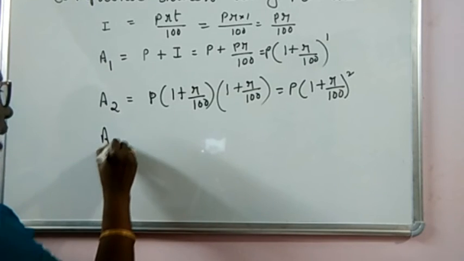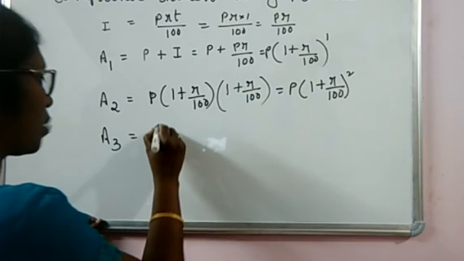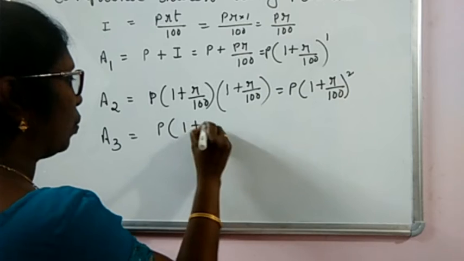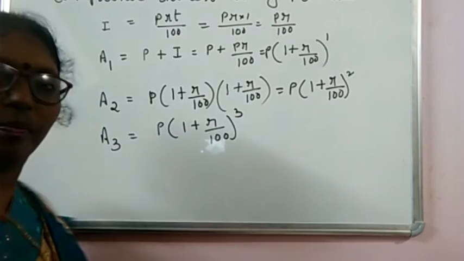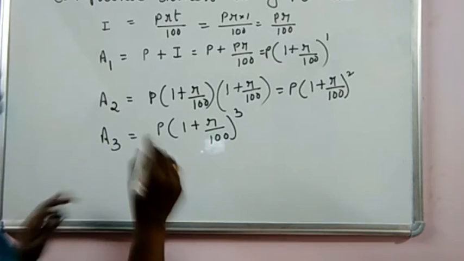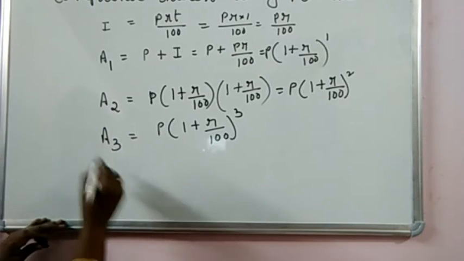Same way, amount at the end of 3 years will be P into 1 plus R by 100 whole cube. That means, what did you understand from this?